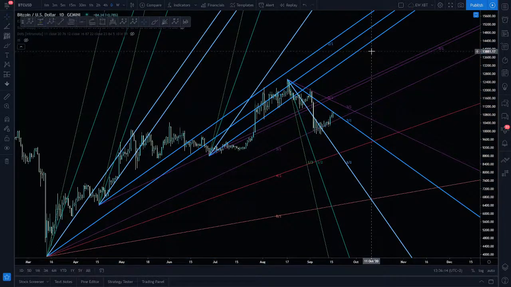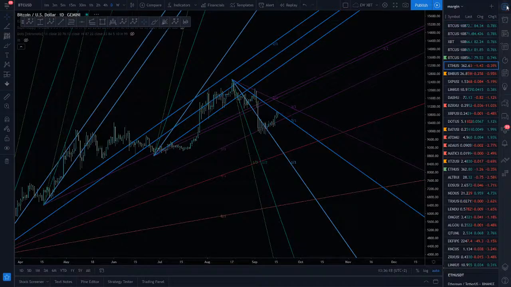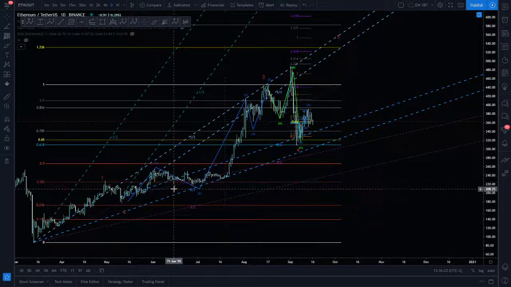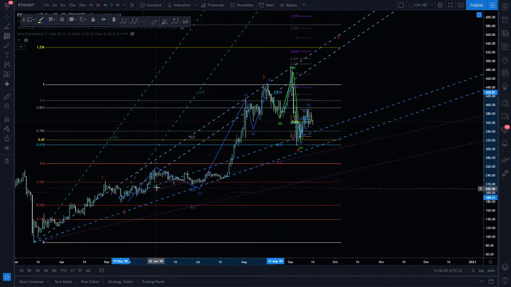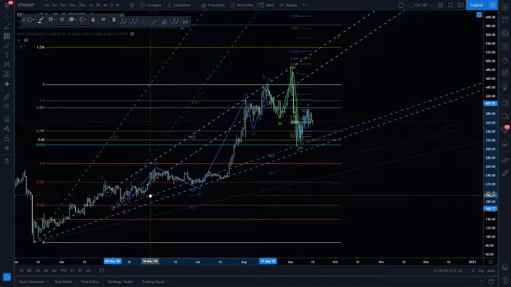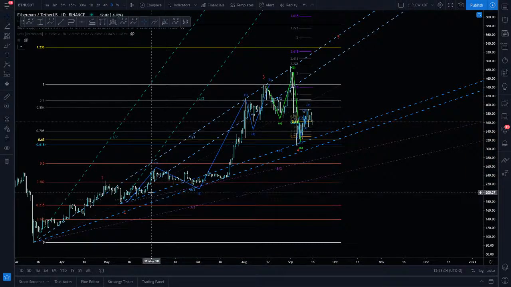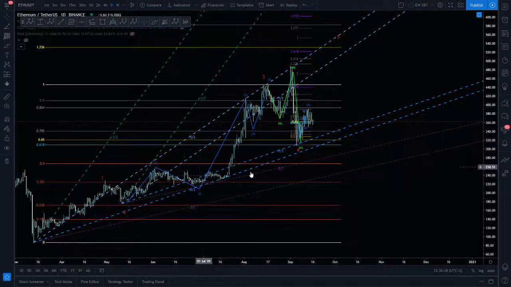And then on Ethereum, Ethereum is a lot cleaner of an example. Because you can draw here, you see a touch here, that means it's respected. And then you can draw one right here, the 2-1.